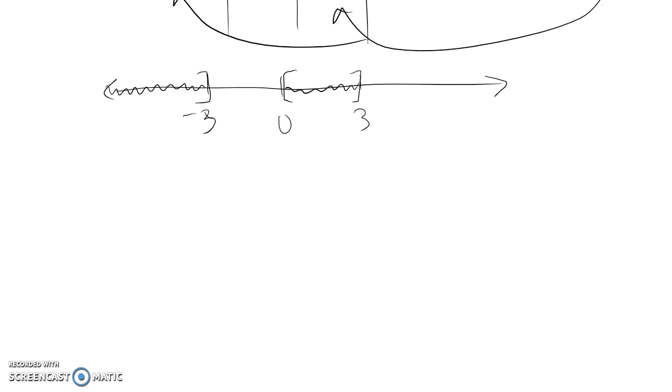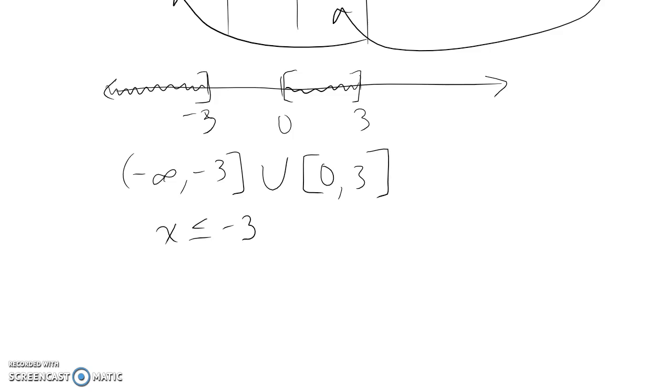So there's a graphed solution set. I can put it into interval notation by saying negative infinity to negative 3 inclusive, unioned with 0 to 3, including both the 0 and the 3. And then of course we could also write it using inequality notation, saying x is less than or equal to negative 3, or 0 is less than or equal to x is less than or equal to 3.